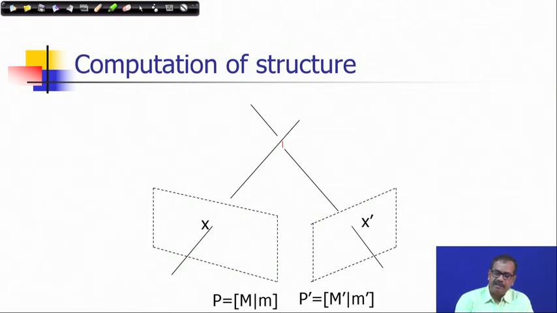So, we will be applying the geometric approach of triangulation. That means we will form the back projection rays for these two cameras, and then try to compute their intersection. Due to noisy observation, you will not get an exact intersection.